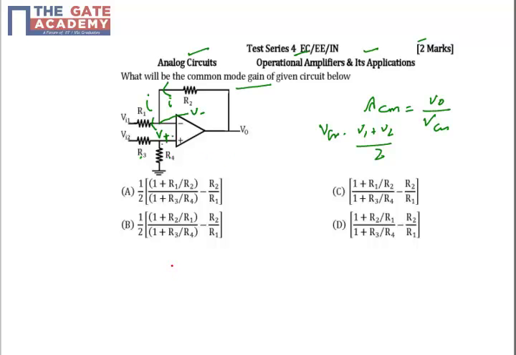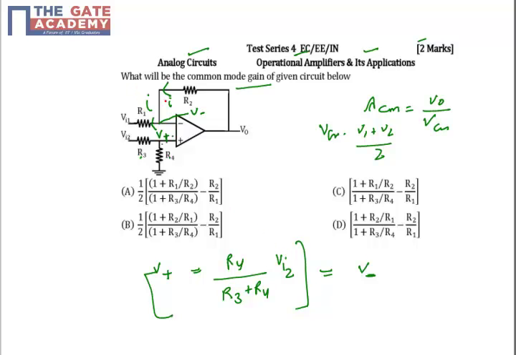My V plus will be nothing but R4 upon (R3 plus R4) times VI2, because R3 and R4 are in series and I can apply the voltage divider. Because it's negative feedback, the inverting terminal voltage must equal the non-inverting terminal voltage, so V plus equals V minus. This is one thing we get.